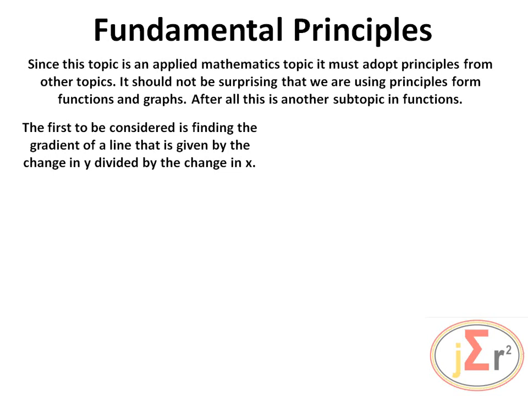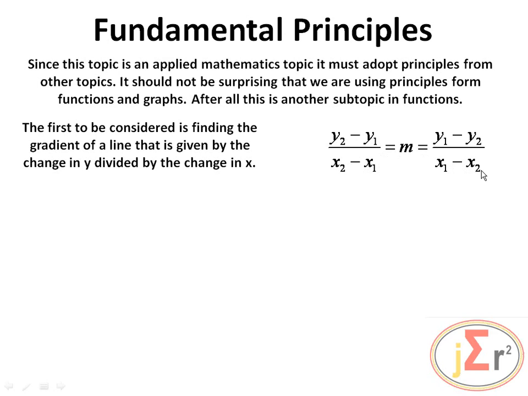The first to be considered is finding the gradient of a line, that is given by the change in y divided by the change in x. So let us look at that. That is taken without any alteration from the topic equation of a straight line. We are saying that (y2 minus y1) over (x2 minus x1) is equal to the gradient, and that is equal to (y1 minus y2) over (x1 minus x2).